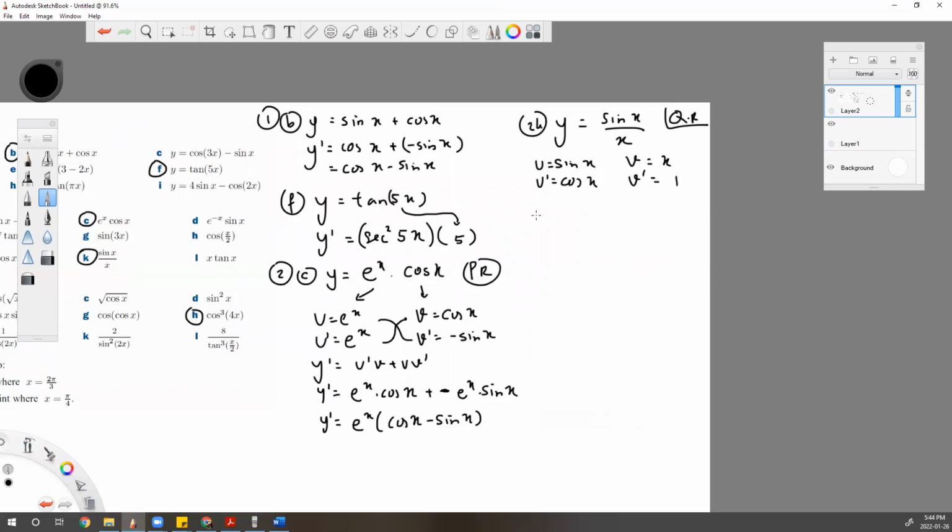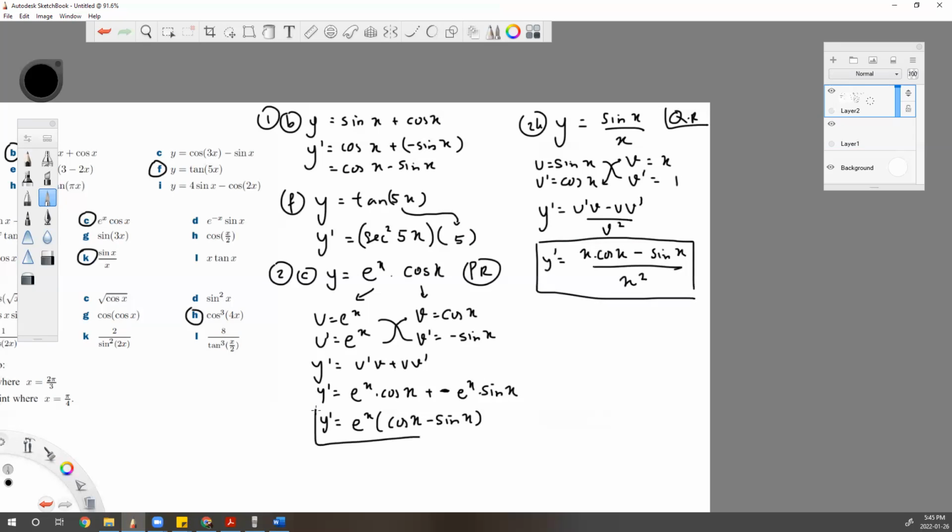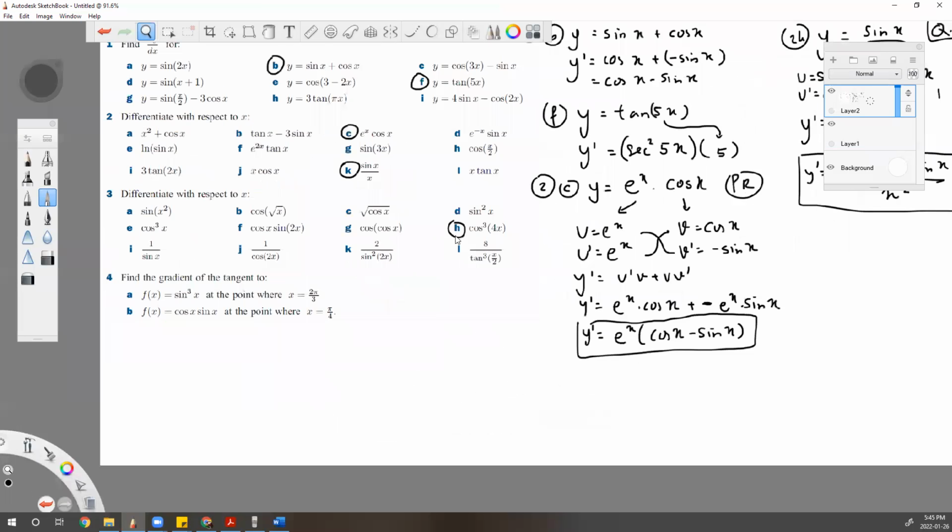So y', u'v minus uv' over v squared. See, it's a piece of cake. x times cos x minus sine x over x squared. Done. I don't think we can simplify this further.